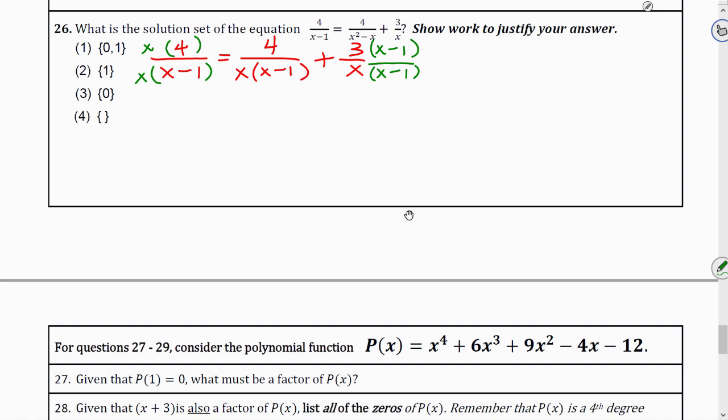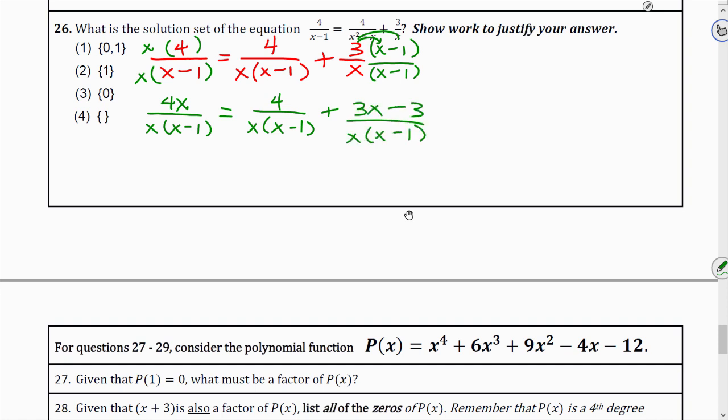Okay, let me rewrite this with those things multiplied in. So I have 4x divided by x times x minus 1 equals 4 over x times x minus 1 plus, I'm going to distribute this while I'm at it, 3x minus 3 over x times x minus 1.